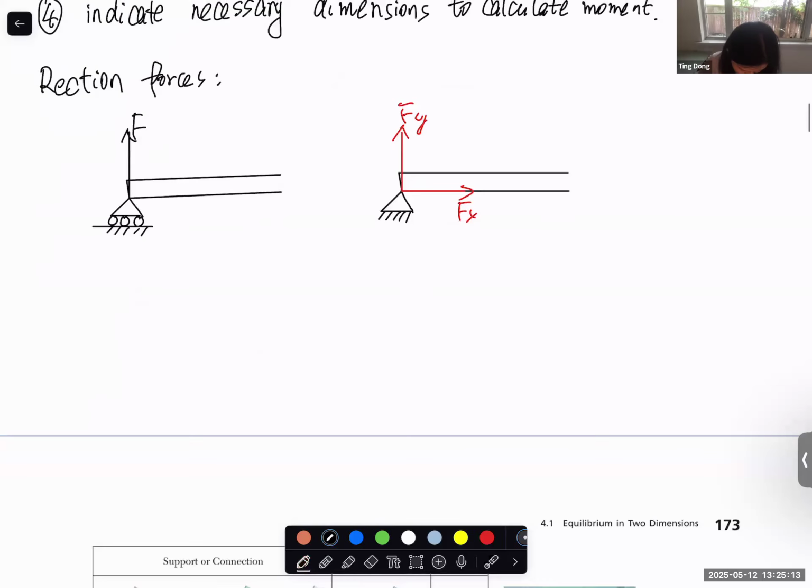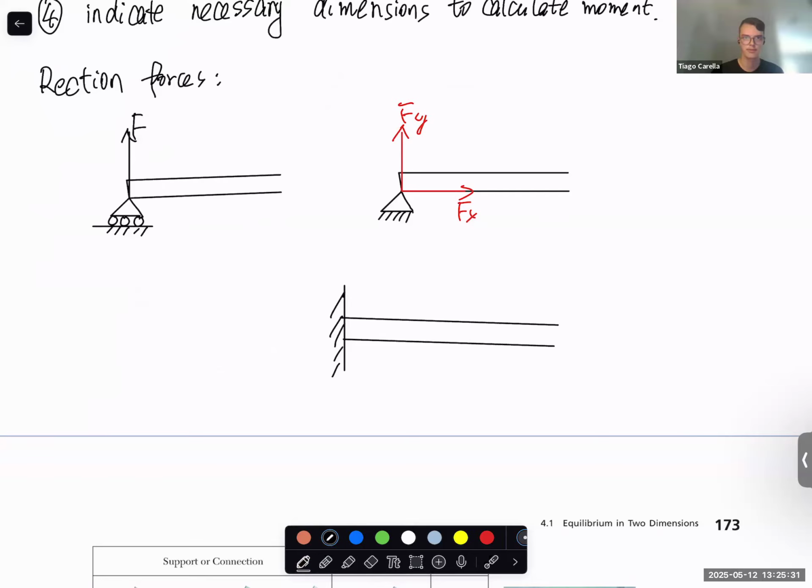Another common situation is one I'm sure you have seen a lot. What kind of reaction force is here? It's clamped. 3. Yes, thank you.